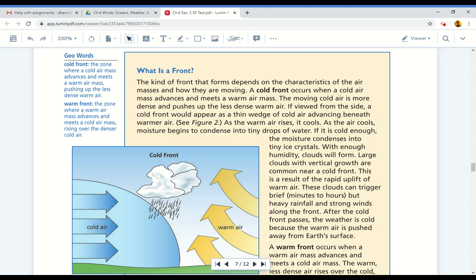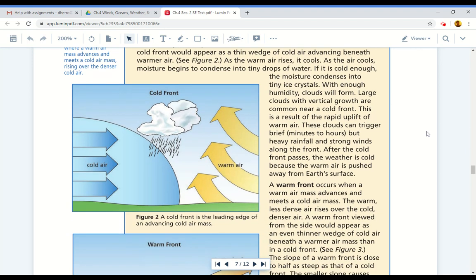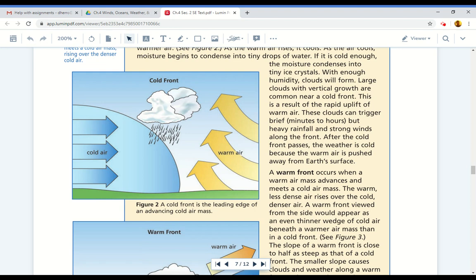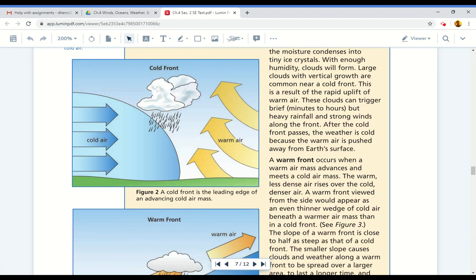If viewed from the side, a cold front would appear as a thin wedge of cold air advancing beneath warmer air. As the warm air rises, it cools. As the air cools, moisture begins to condense into tiny drops of water. If it is cold enough, the moisture condenses into tiny ice crystals. With enough humidity, clouds will form.